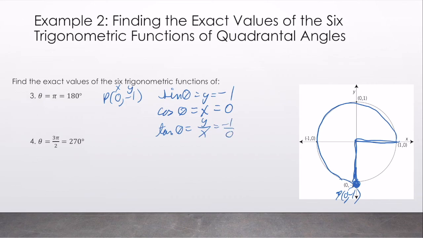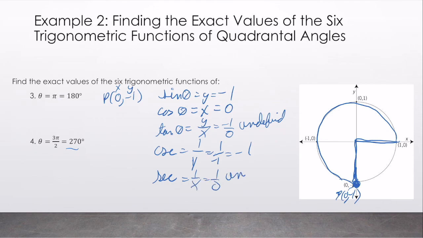So tangent is undefined for an angle of 270 degrees. Then I have cosecant, which is 1 over y, which is 1 over -1, which is -1. Secant, which is 1 over x, which is 1 over 0, so secant's undefined.